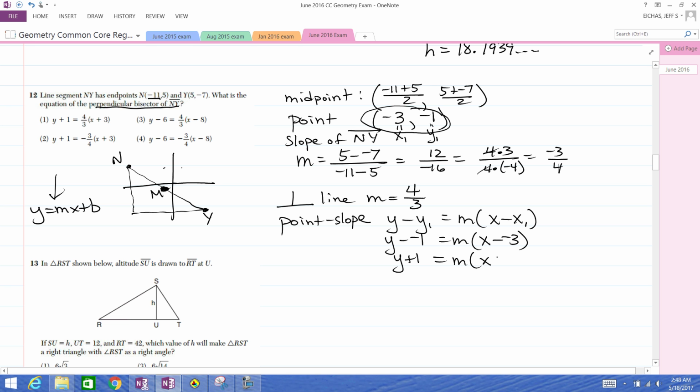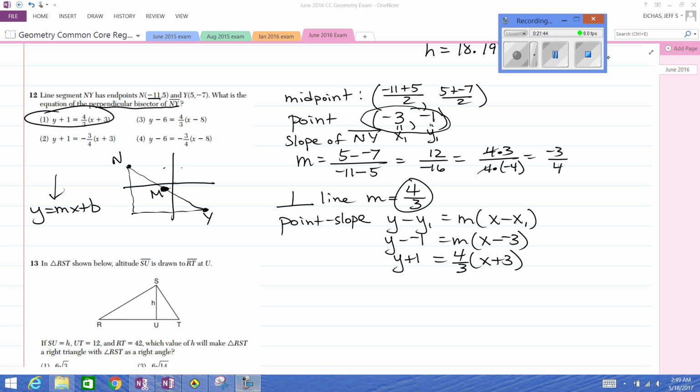Double negative, get rid of that. Oh, we need to put what m is. We calculated m earlier for the perpendicular bisector: 4/3. So, is that one of the choices? Yes, it looks like choice 1. All right, that's it for this session. We'll pick up in the next one on number 13.